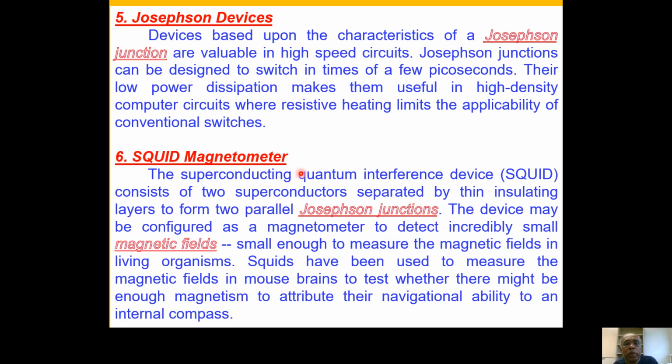Then SQUID magnetometers. We are going to talk about this one later. This is a superconducting quantum interference device. It is actually two parallel Josephson junctions. These can be used to detect incredibly small magnetic fields, so that's one of the most sensitive devices.